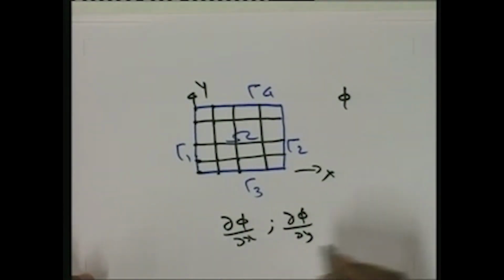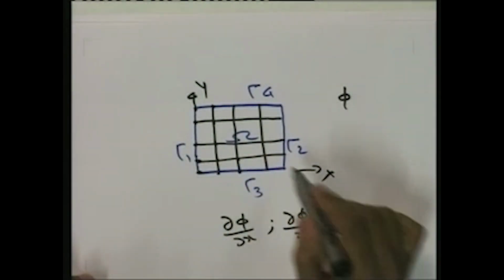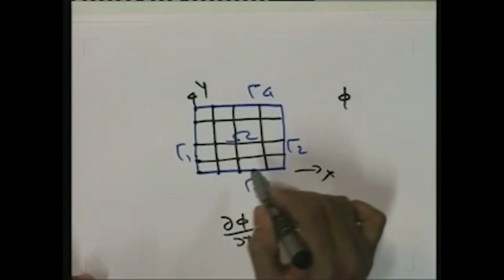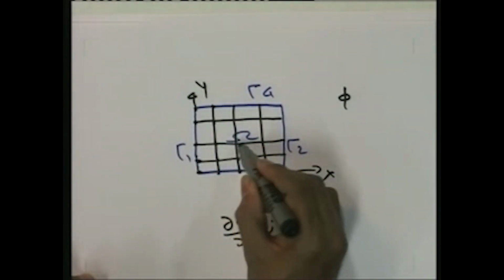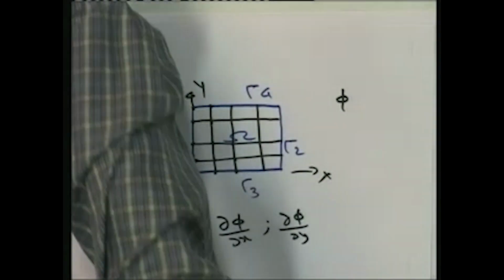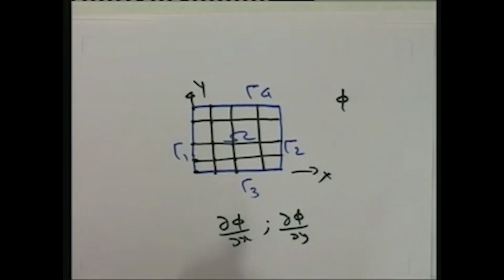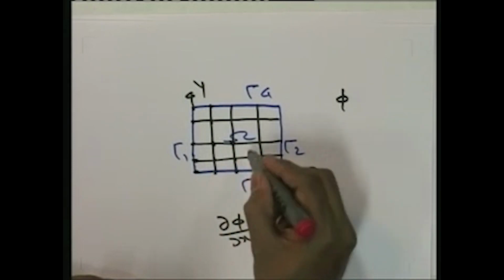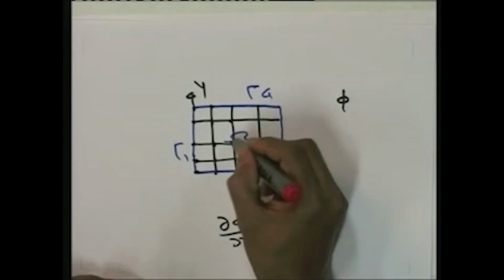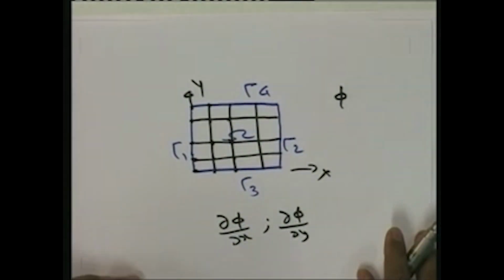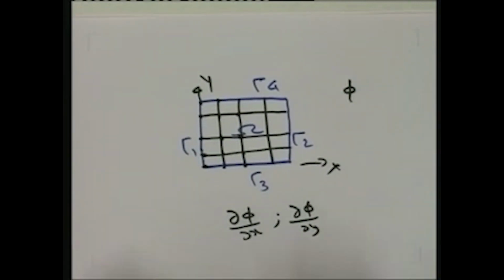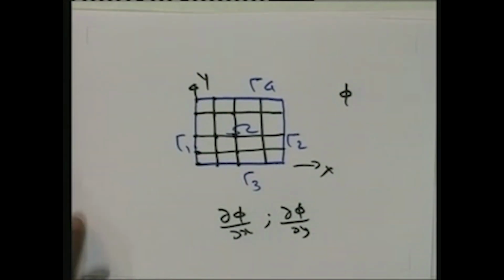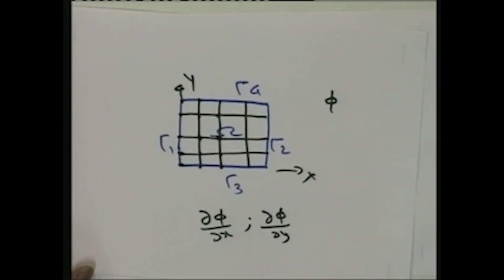The gradient of the function is represented by the differences in the values at neighboring points, between this point and this point, for example, to represent del phi by del y. Like this, finally a finite difference equation is formed.